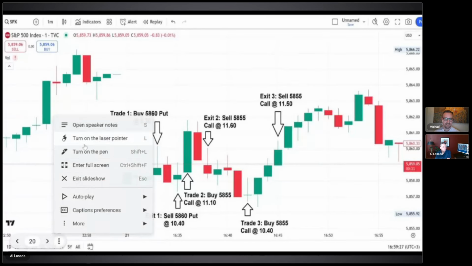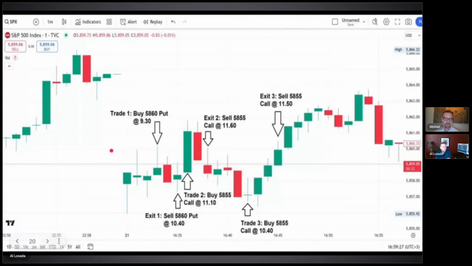Trade 1: we bought the 5860 put for 9.30. As you know, in options you multiply everything by 100. So we paid $930 per contract, and we sold the put for our target, $110 more, at 10.40, 3 minutes later, or 2 minutes later.